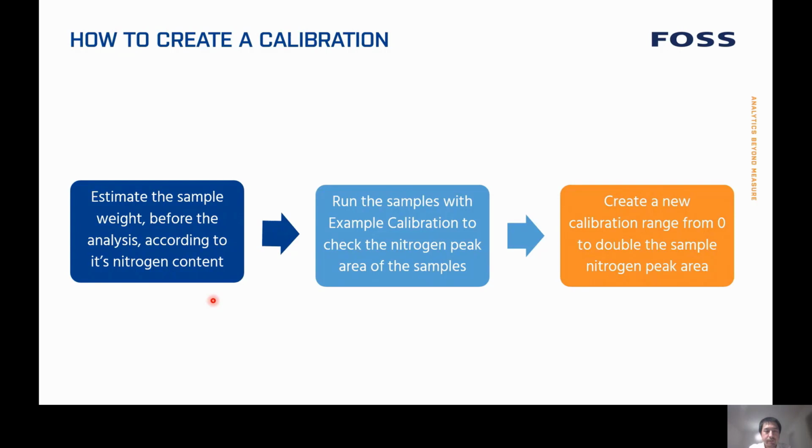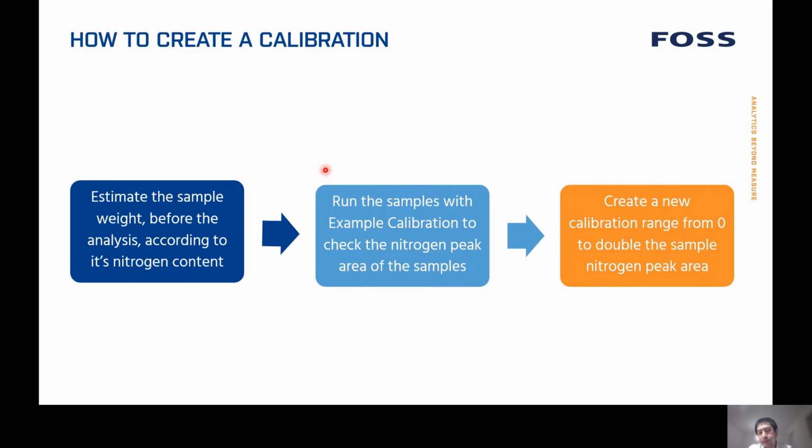It's about calibration. This is the way you can create the calibration. The first way is you estimate the sample weight before the analysis, according to the nitrogen content. Then you can run the samples with example calibration to check the nitrogen peak area of the sample.